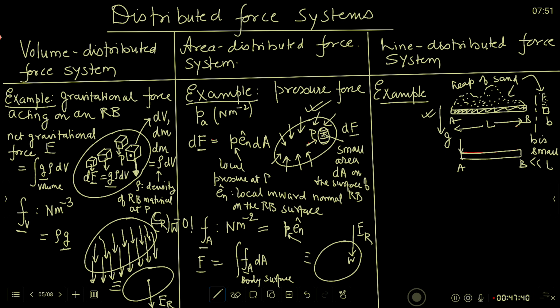It will be a distributed force system. Now if you go ahead and connect the ends of these arrows, the size of an arrow shows the magnitude of the local force acting here, and the direction shows that the force is acting downwards because it's gravitational in nature, right?